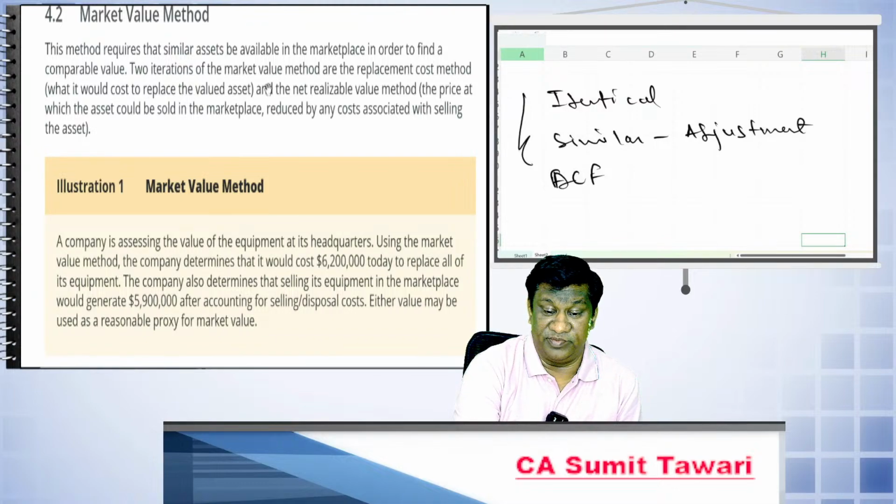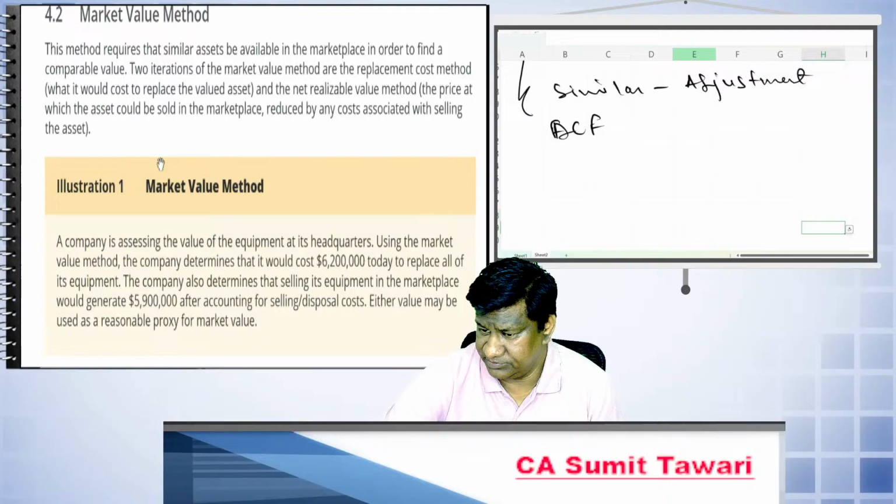Two iterations of the market value method are the replacement cost method, what it would cost to replace the asset, and the net realizable value method, the price at which the asset could be sold in the marketplace reduced by the cost associated with selling the asset. Okay.